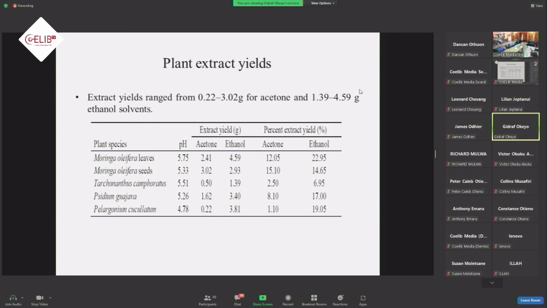Also, we measured the pH, and we realized that the pH was towards neutral. But as we proceed, we find that the antibacterial activity actually increased with increased acidity of the plant samples.